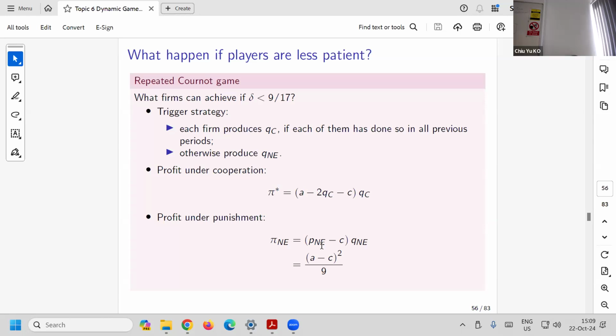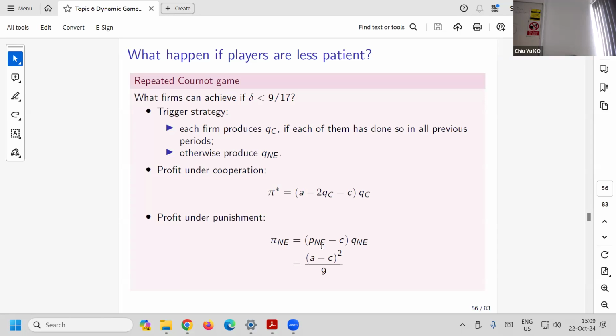If delta is very close to 9/17, then QC is actually the monopoly level. So QC changes from the monopoly level to the Nash equilibrium Cournot level depending on delta. Later, you will see it's continuous.